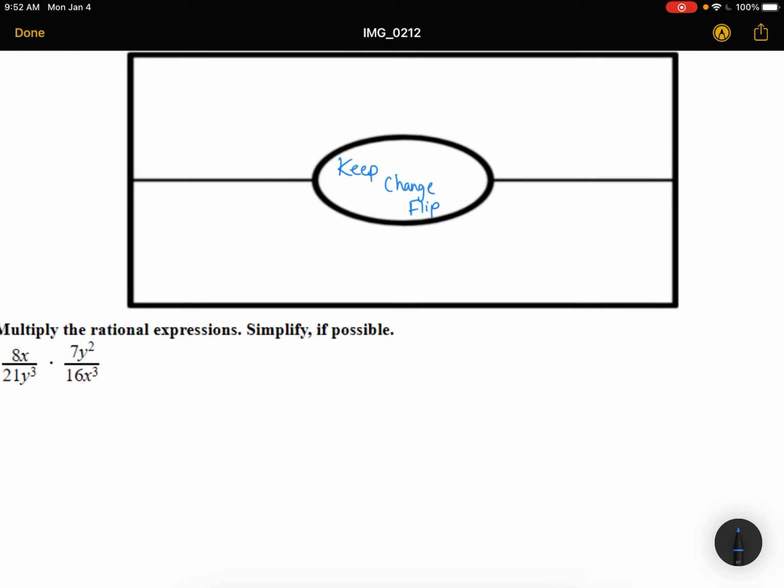All that this is, it's a nice way to remember. It's not KFC like the chicken, but KCF, how to divide fractions. So when dividing fractions, we keep the first term exactly the same.